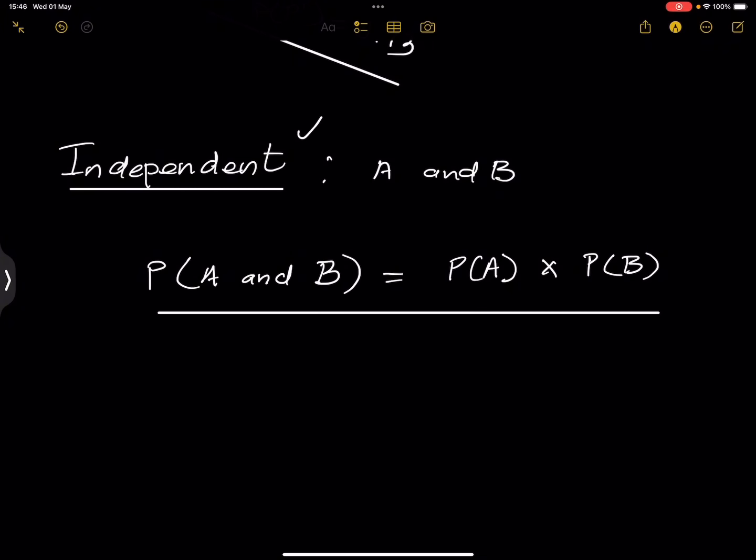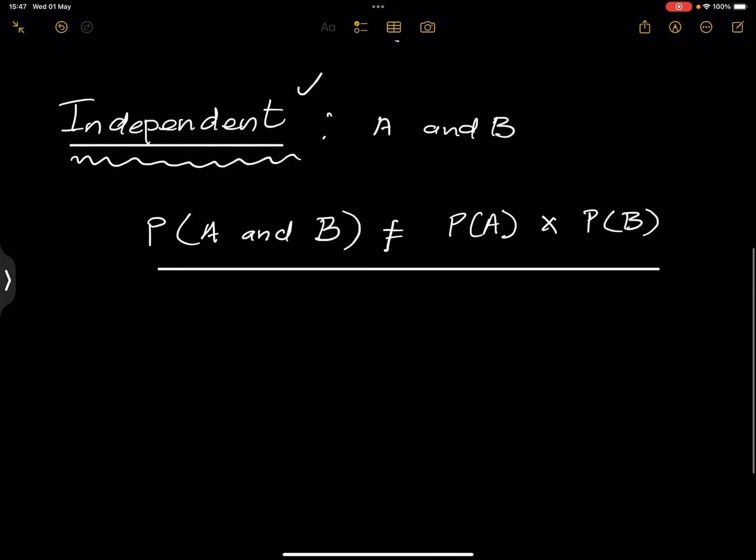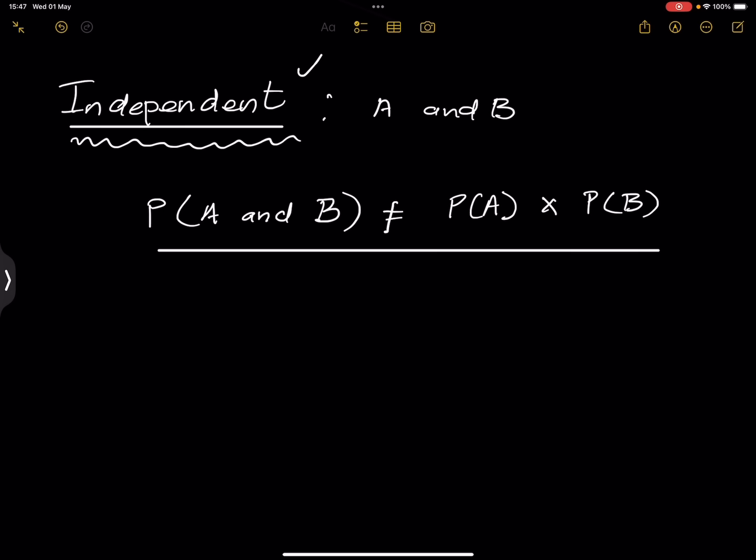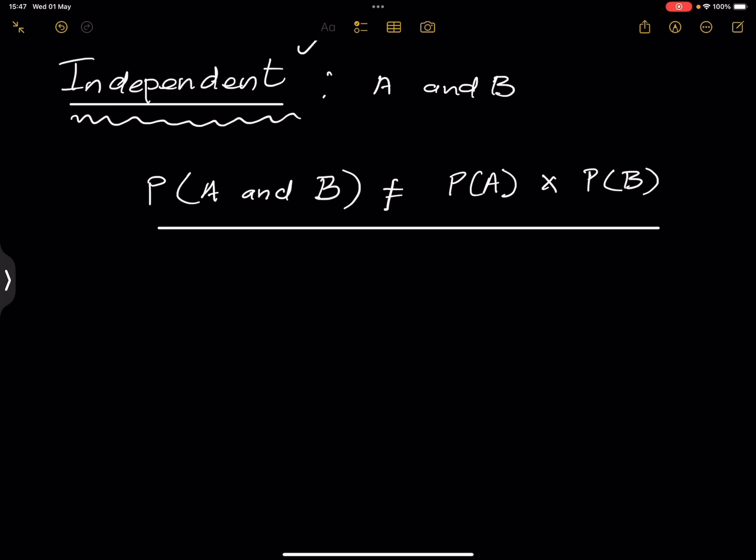So remember, if we say they're independent, then the probability of the one and the other taking place is equal to the product of their probabilities. Of course, if they are not independent, then this will not hold. Then the probability of A and B will not be equal to the probability of A multiplied by the probability of B. And then also, there's the general rule of probability, I want you to know this.